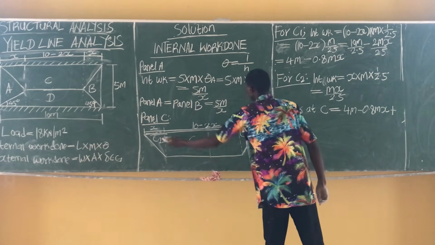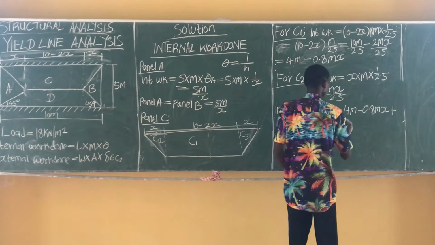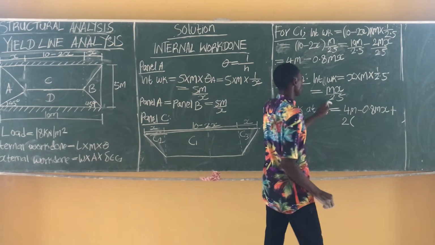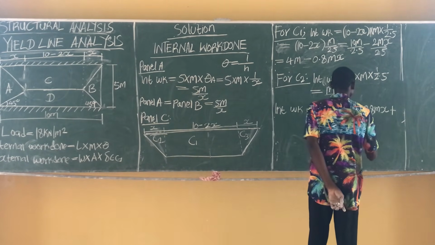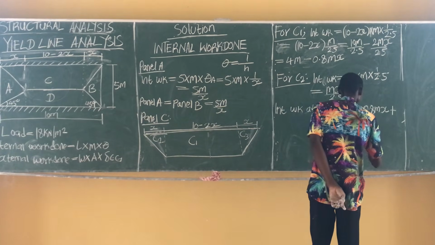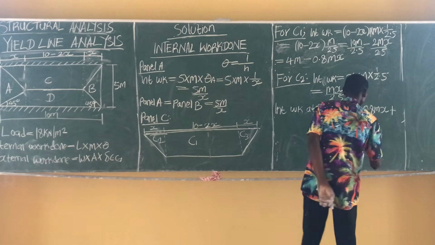Since we have gotten 1, we multiply by 2. That's plus 2 times mx all over 2.5.